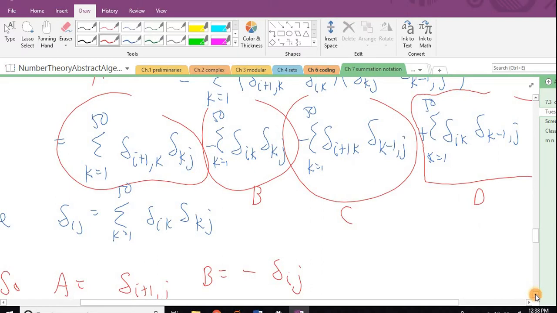Let me just ask you, Trey, when you worked it out symbolically, where did it go wrong? Did it go wrong here at the limit 50 up here? When I did it in part C, that second delta, I switched it from delta of k minus 1 comma j to delta of k of j plus 1.